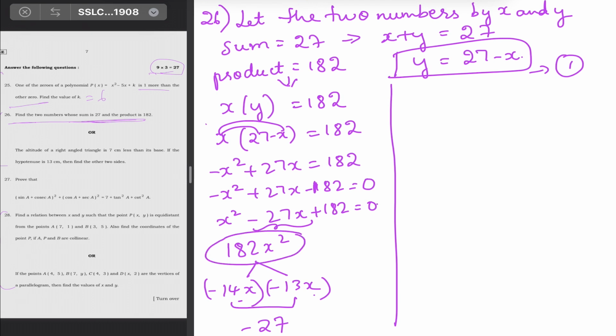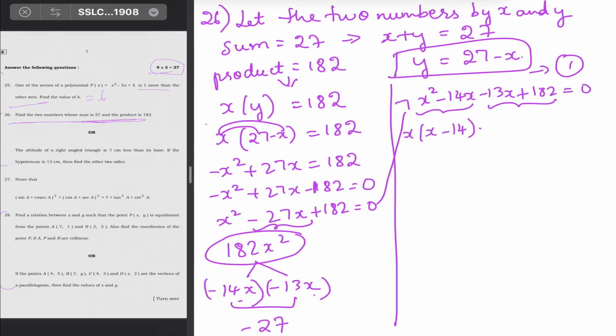So simplifying, x square minus 14x minus 13x plus 182 is equal to 0. x is common. x minus 14, taking minus 13 as common, x minus 14 is equal to 0. x minus 14 is common. Remaining x minus 13 is equal to 0.